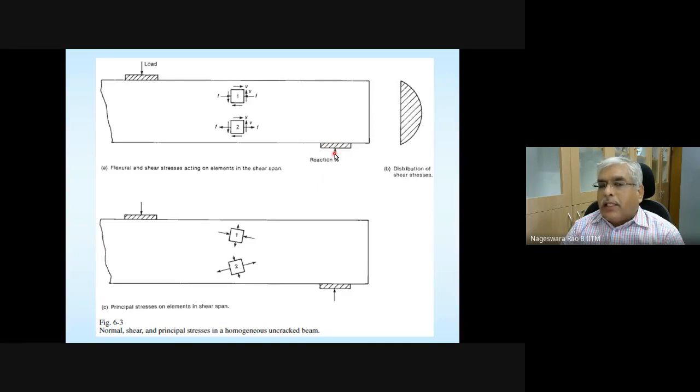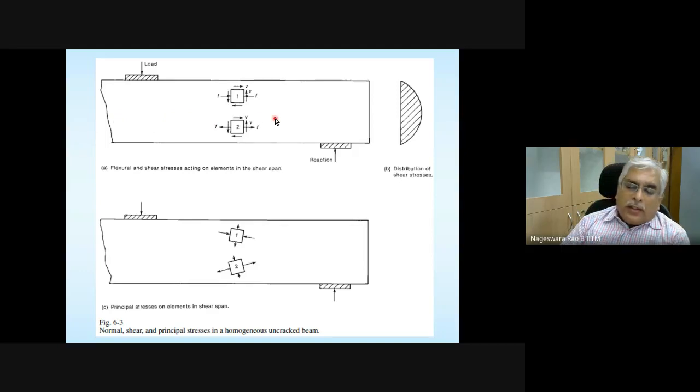Reaction is acting at the center of that, and the load is here. This is a distribution plate for distributing the load smoothly to the beam. Anyway, we don't need to go into the details. This is the load applied, and this is a support with a reaction at this support.